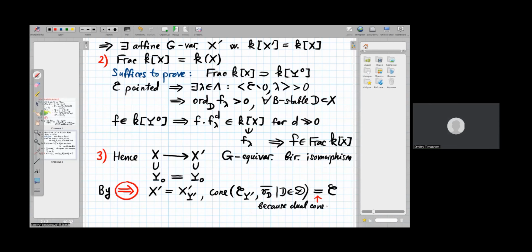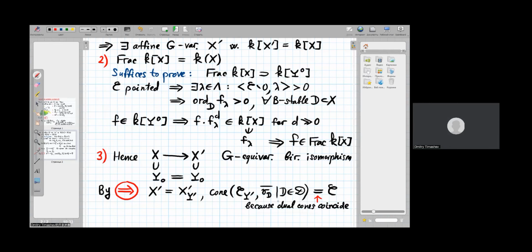Professor, I have to ask a question. Sorry. Okay. So why does it suffice to prove that the fraction field of K of X contains K of Y naught? Did we use that Y naught is affine?